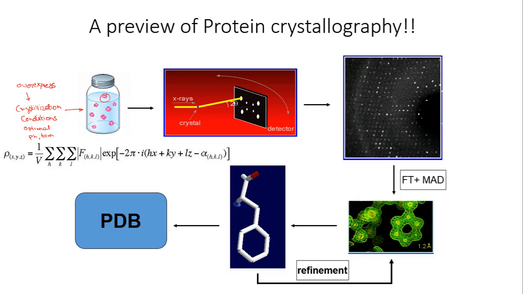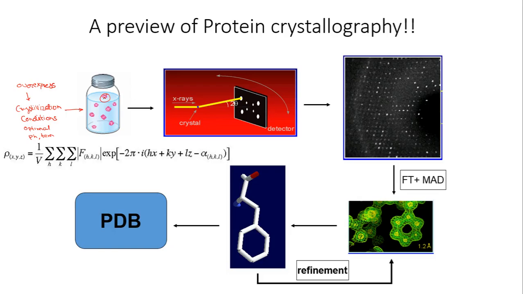Okay, so let me also tell you what exactly happens during the process of crystallization. In the process of crystallization, your objective is to find out at what exact physiological condition, what might be the concentration, what might be the pH, what might be the other factors that might help me to obtain the crystals of my given protein.